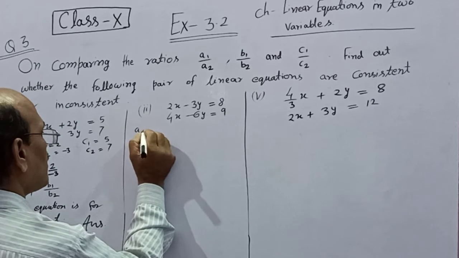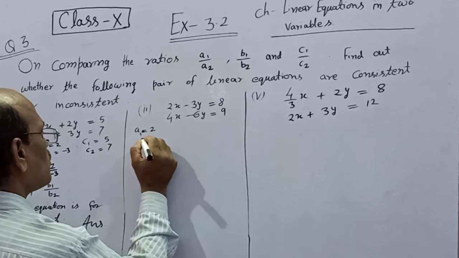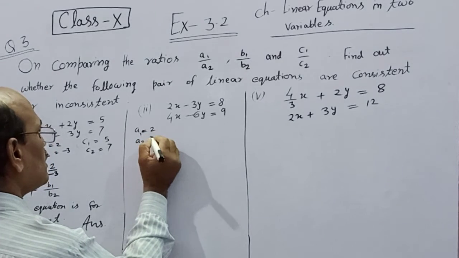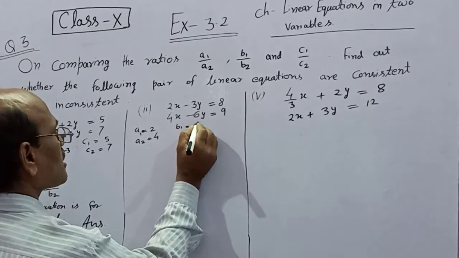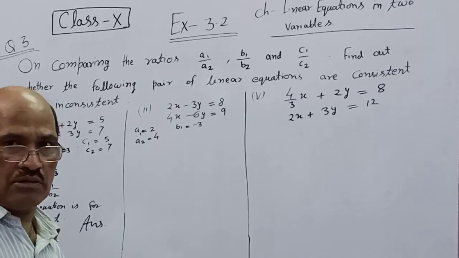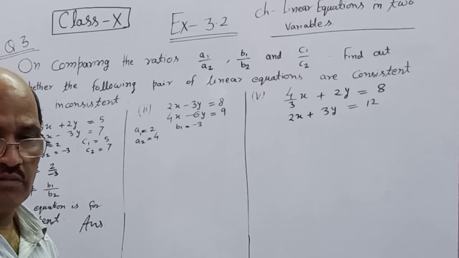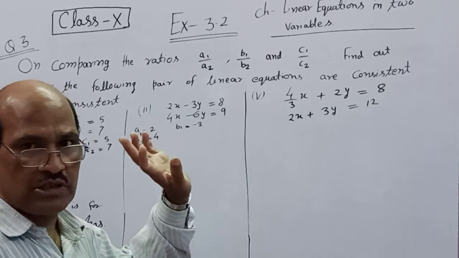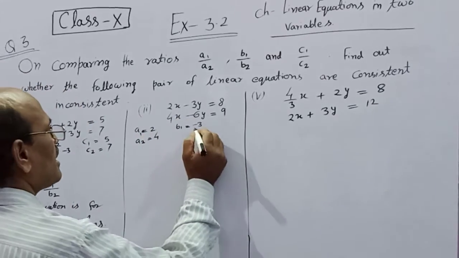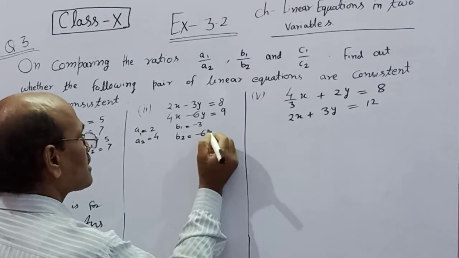Okay, and in the second question, 2x minus 3y is equal to 8. Here a1 is equal to 2 and a2 is 4, b1 is minus 3. First of all, we have to write the sign, otherwise the answer will be wrong. b1 is minus 3 and b2 will be minus 6.